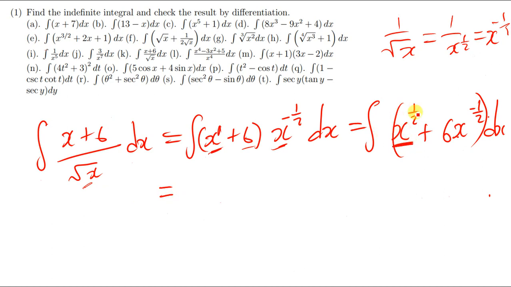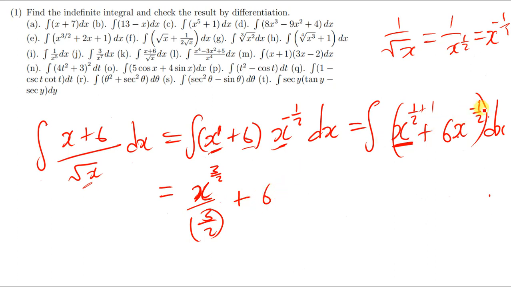So when you integrate x to the power half, you add 1 to the power, which will give you x to the power 3 over 2. Then you divide by the new power, which is 3 over 2. Then you say plus 6.